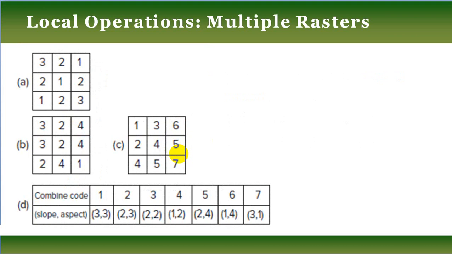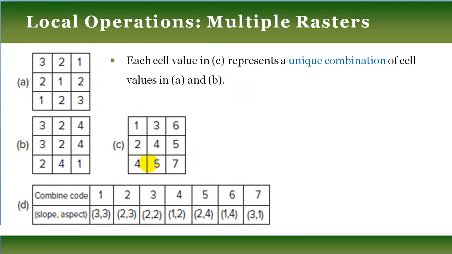This is another raster, something different. In this case we use 2 rasters instead of 3. A and B are the input rasters and C is the output result raster. Each cell value in this output raster C represents a unique combination. This is a very important point.